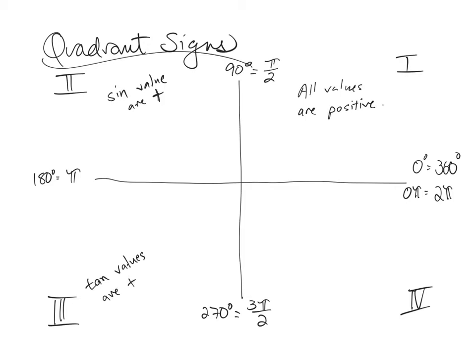And in quadrant 4, it will be cosine values are positive. So one way you can remember this is that all in quadrant 1, so A, sine in quadrant 2, S, tangent in quadrant 3, T, and cosine in quadrant 4, C.